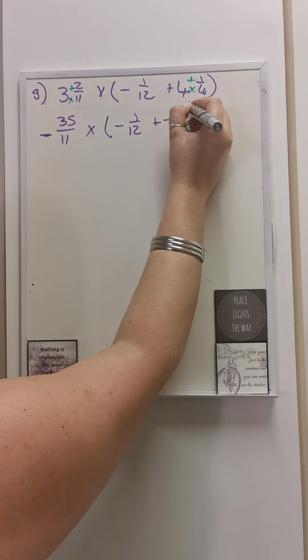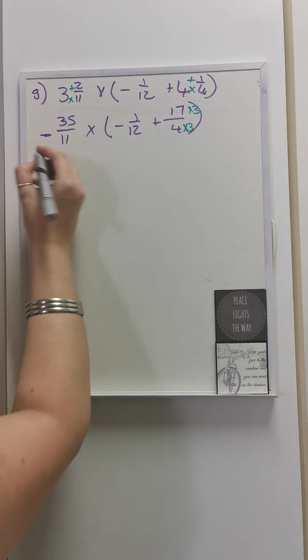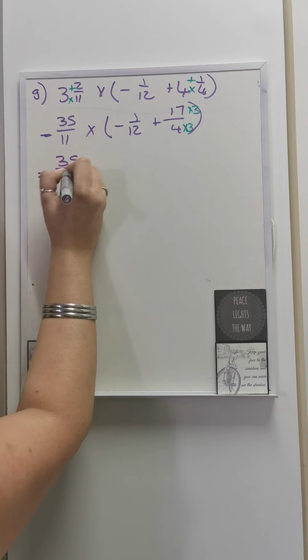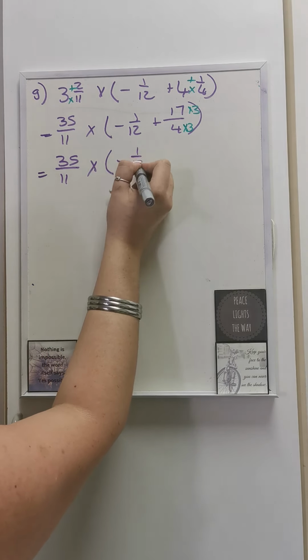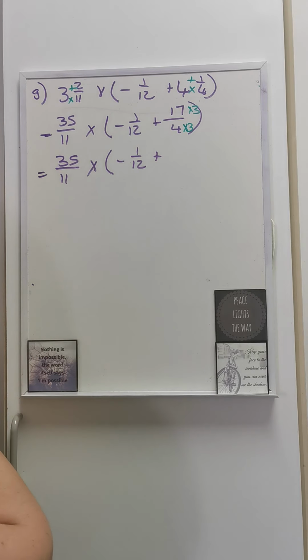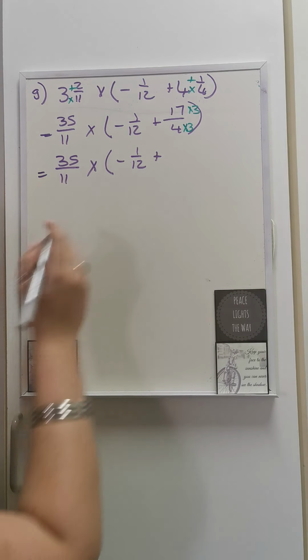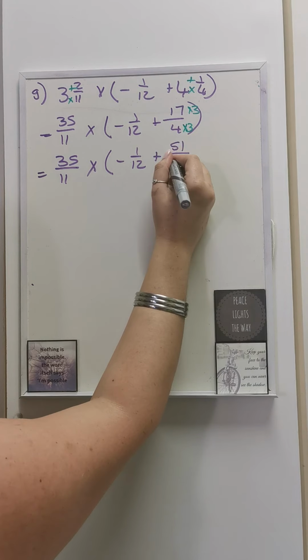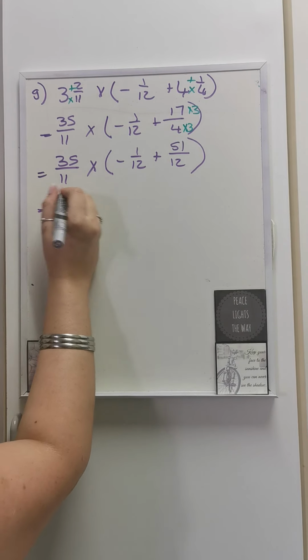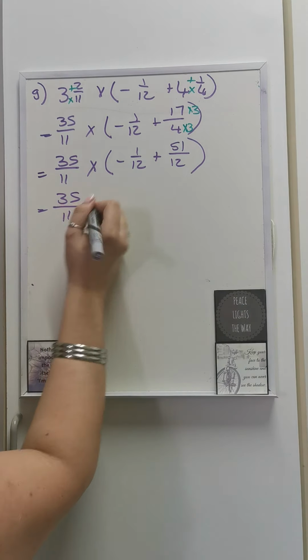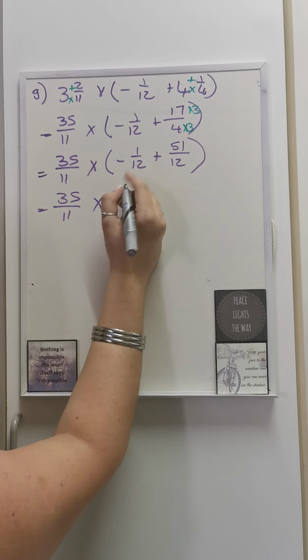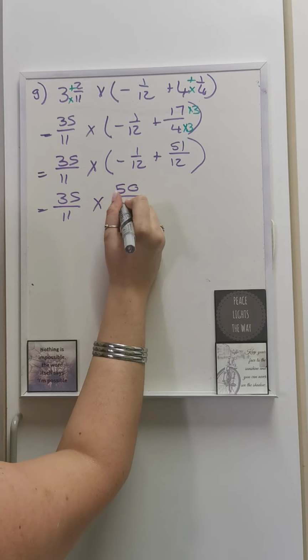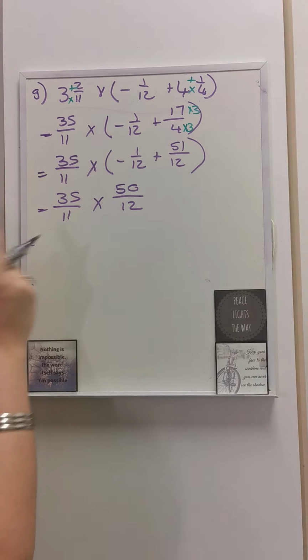So this stays the same, 35 over 11 times negative 1 over 12 plus 17 times 3 gives you 51 over 12. So 35 over 11 times negative 1 plus 51 gives you 50, so times 50 over 12.